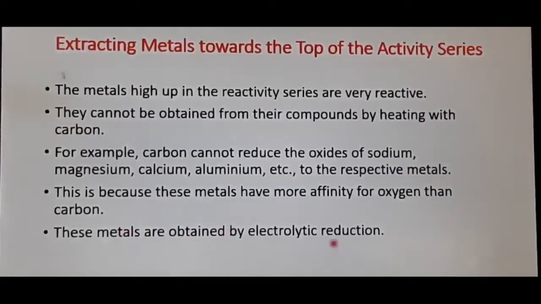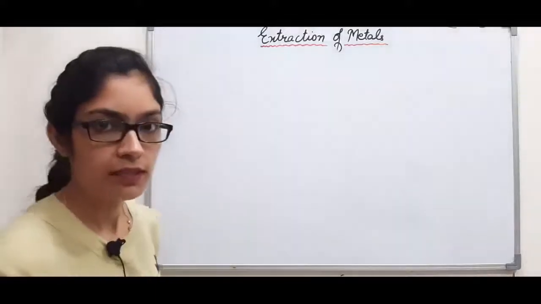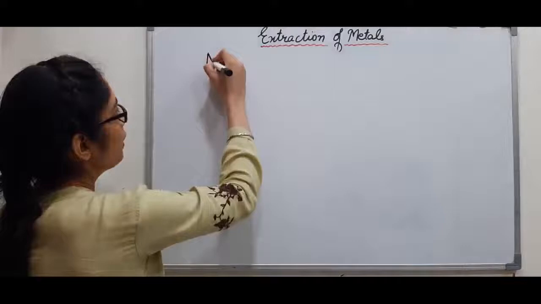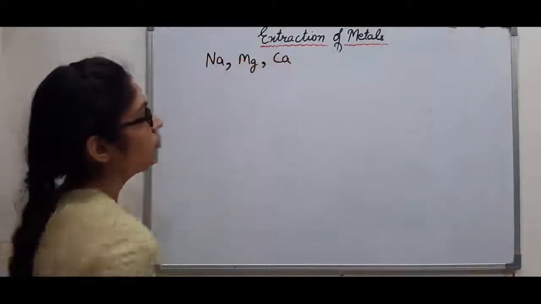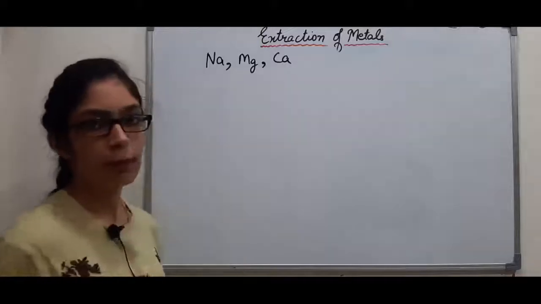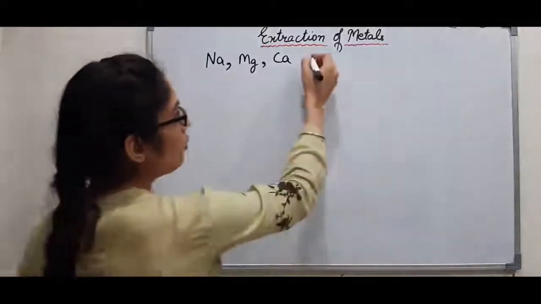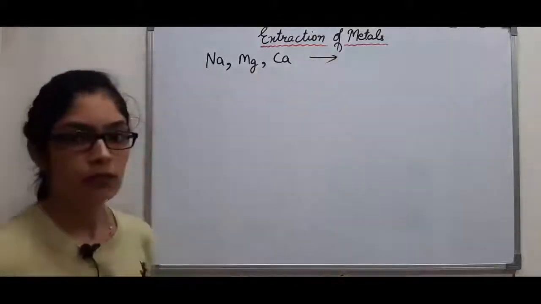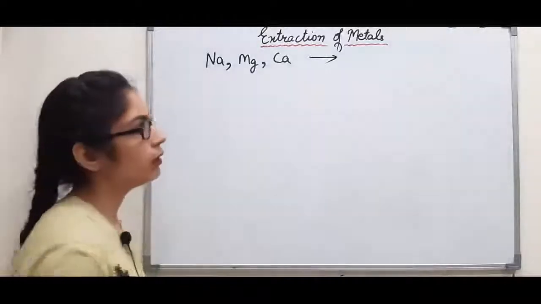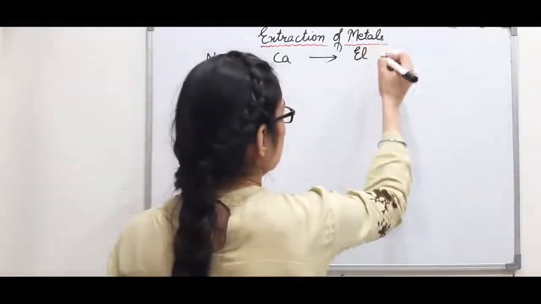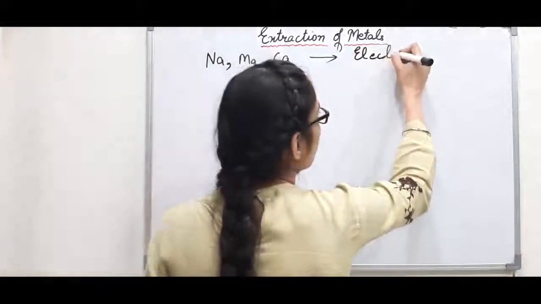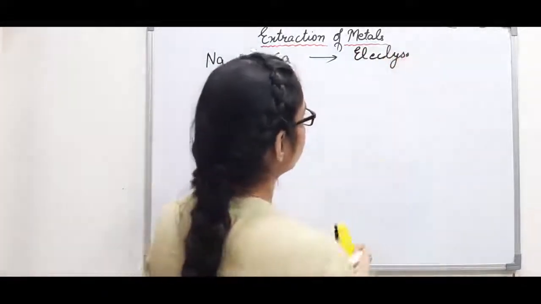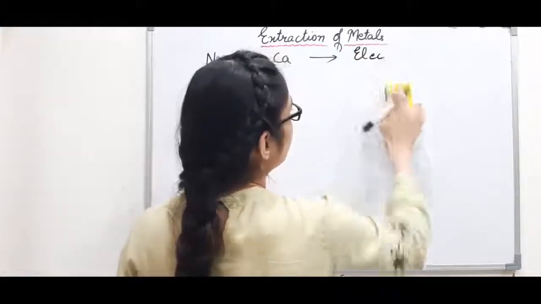So let's see how these reactions take place. We have seen that the highly reactive metals like sodium, magnesium, calcium, which come on top in the reactivity series, cannot be reduced by using reducing agents like carbon. So these metals are extracted by the process of electrolysis or electrolytic reduction.